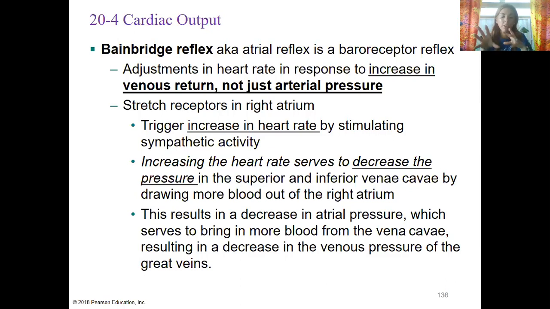So in addition to the pressure, we're talking about venous return. So if you have a whole lot of venous return all at one time, this Bainbridge reflex may kick on, because what we don't want to do is blow out the right atrium because there's so much blood rushing in all at one time. So let's increase the heart rate, hurry up and get it out of the right atrium so that we can get things back into normal homeostasis.